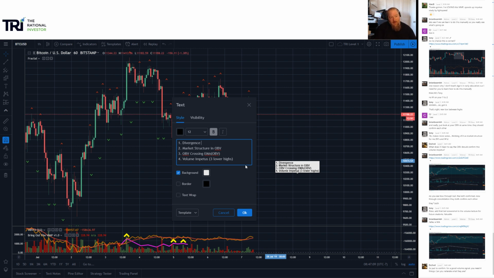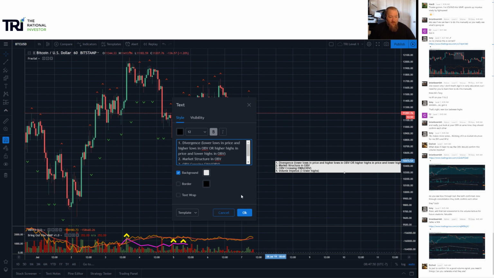Divergence: lower lows in price and higher lows in OBV, or higher highs in price and lower highs in OBV.